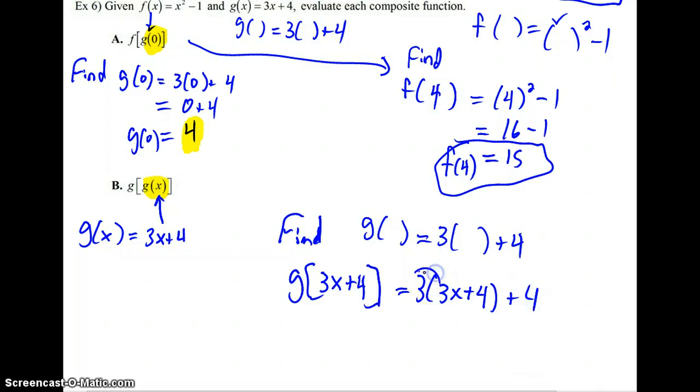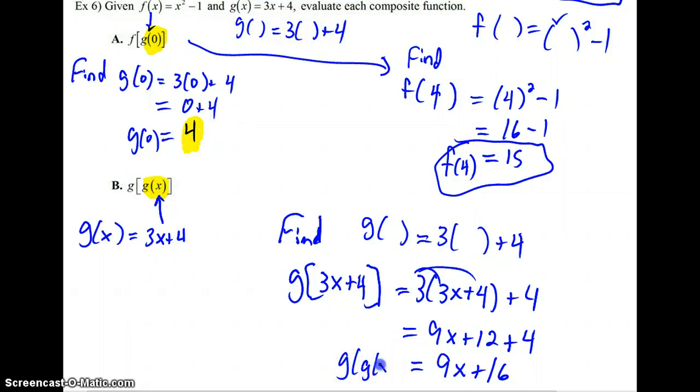We just have to distribute a 3. We'll get 9x plus 12. And of course, 12 plus 4 is 16. 9x plus 16 is our final answer. This is what g of g of x really is. And that's as far as we can take it. So some different types of problems here. But I hope this is helping. Best of luck to you guys.